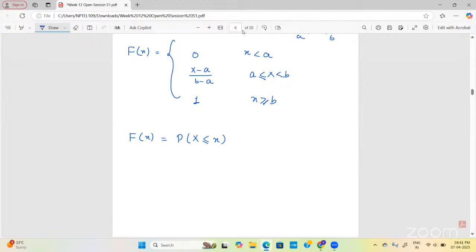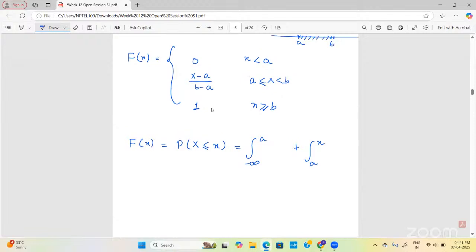Here we can divide it into two parts: first minus infinity to a, and then a to x, where x is any point in this range a to b. So it will be the integral from minus infinity to a of f(x) dx plus the integral from a to x of f(x) dx.